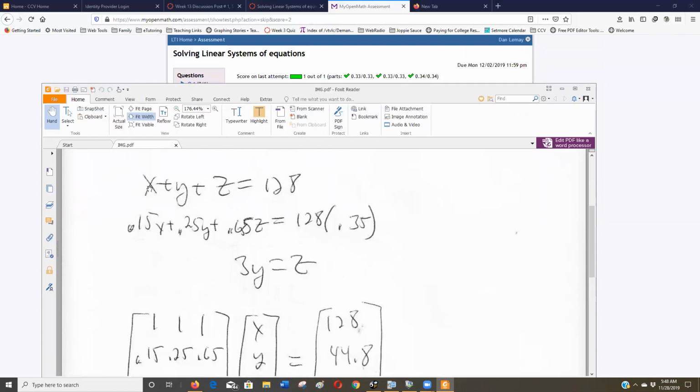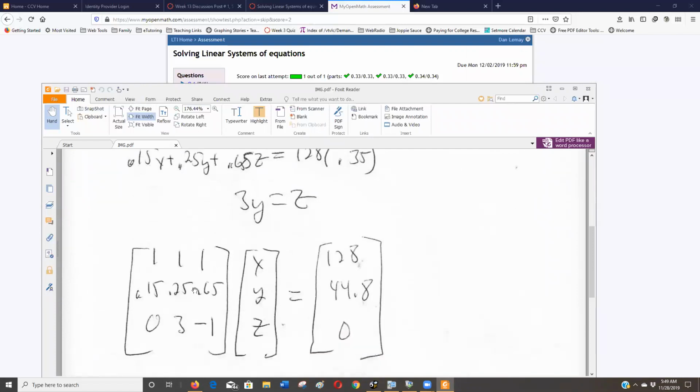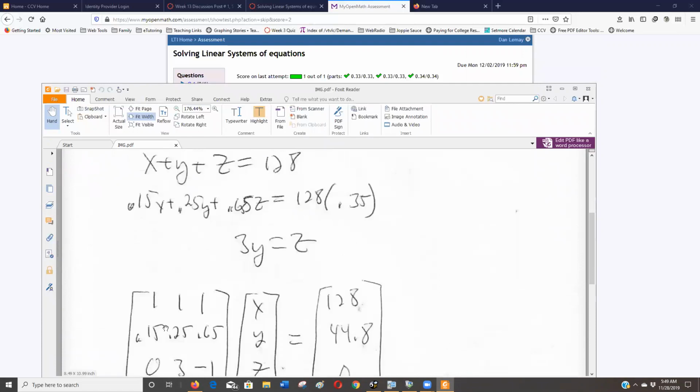So the coefficients of the first equation are 1, 1, 1, so I wrote 1, 1, 1. If you've done any matrix work before, it's the row times the column equals that. So that row, 1 times X plus 1 times Y plus 1 times Z has to equal 128, which is my first equation.